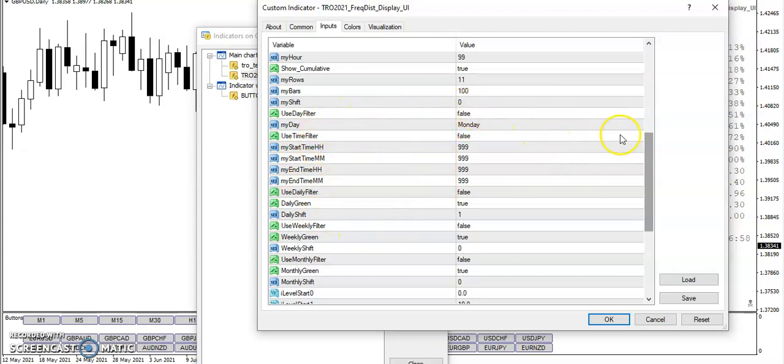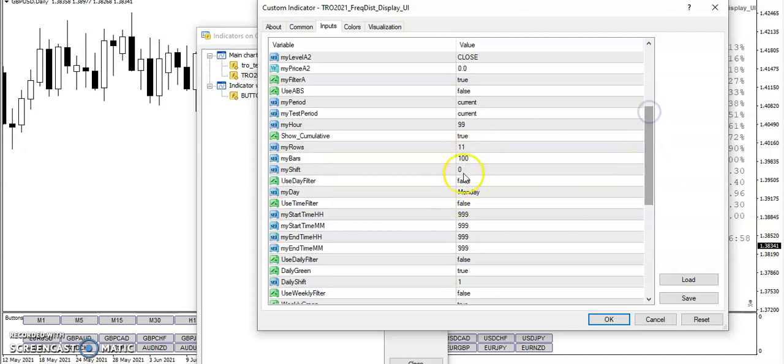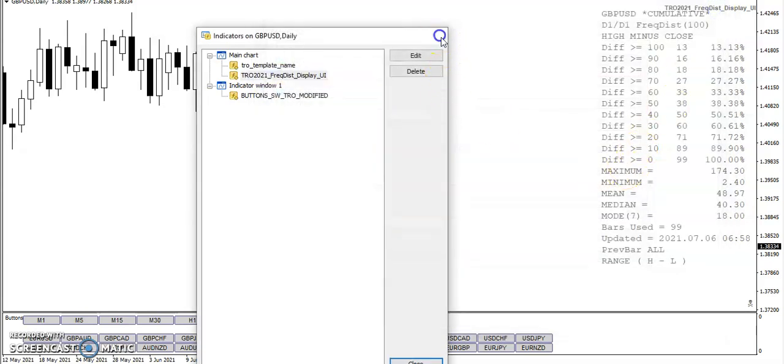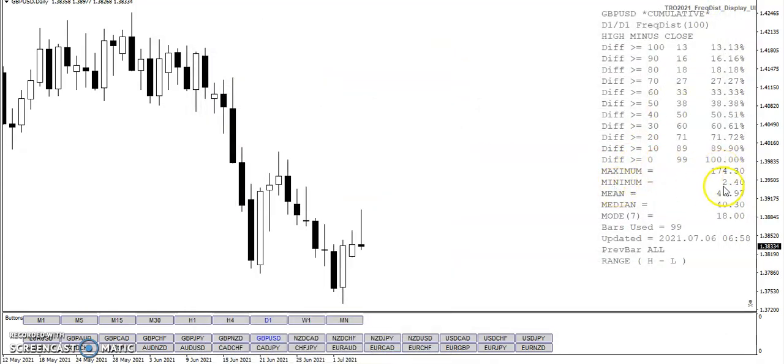You can use day filters. Tell it how many bars to test, whether or not to use the absolute value. There's a lot of different things you can do with this indicator to run your statistical analysis. And it shows you the maximum, the minimum, the mean, which is the average, the median, which is the middle, and the mode, which is the most.